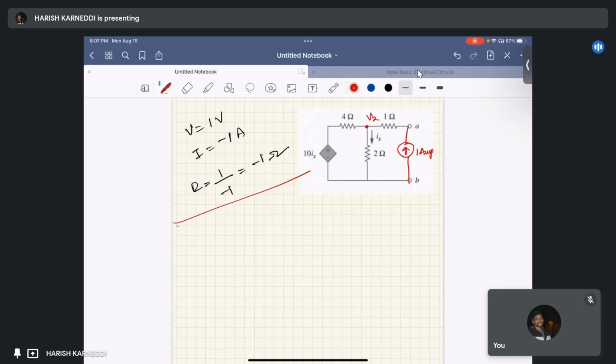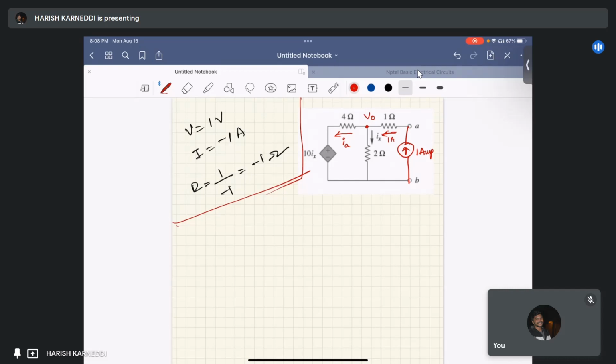This is not at all related to previous notations here. We represent it with V naught to avoid the confusion. And this current we will represent with Ia. This current flows through the side, therefore this is 1 ampere.